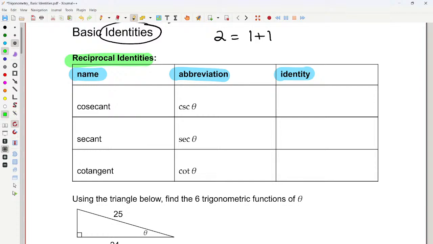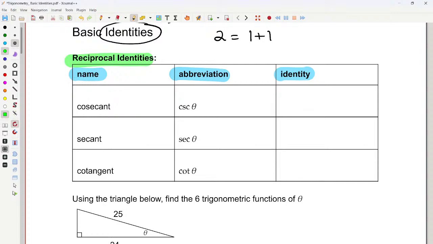Here are 3 reciprocal identities. That's what they're called. The cosecant, which is abbreviated as CSC theta.